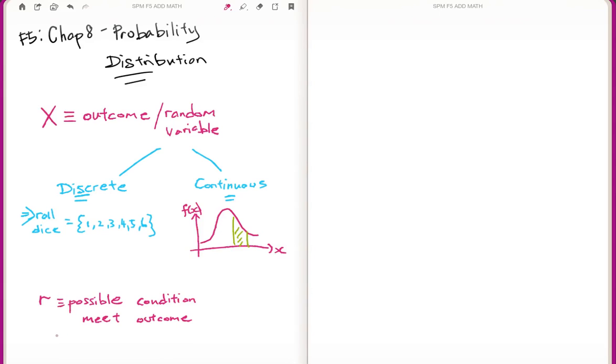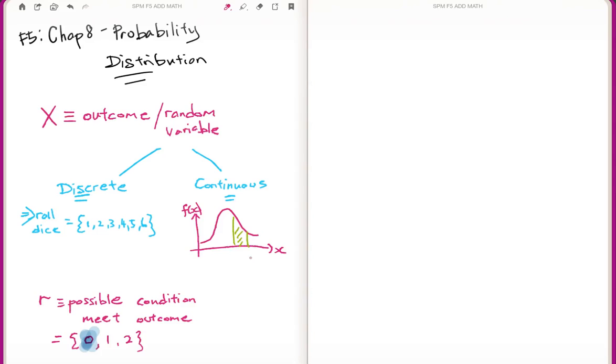The possible outcome would be that over 3 times you don't get it at all, you get it once, or you get it 2 times. So in r, for possible conditions, it's possible to get 0. You don't get anything at all. So this is important.